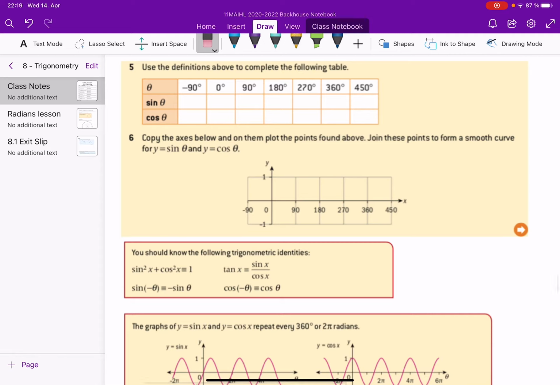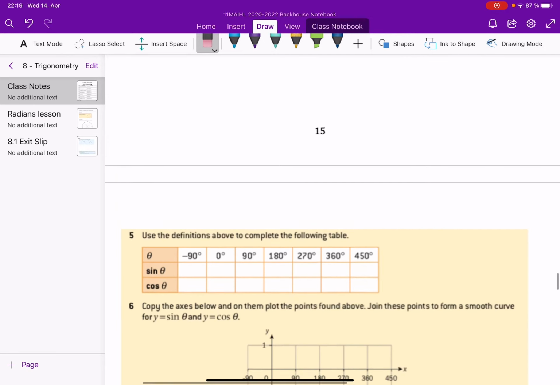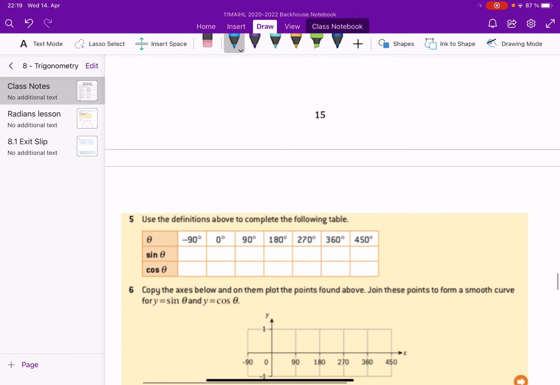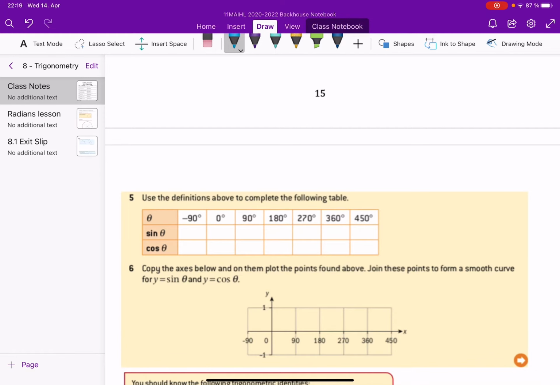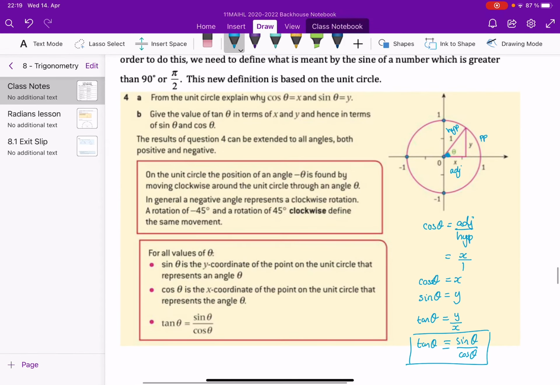Okay, then we're going to take a look at what these functions actually look like. So we're going to think about sine theta. That was our y value as we move around the circle. So let's start when our angle is at negative 90 degrees. Negative 90, I'm going to draw this in purple. Negative 90 is down here.